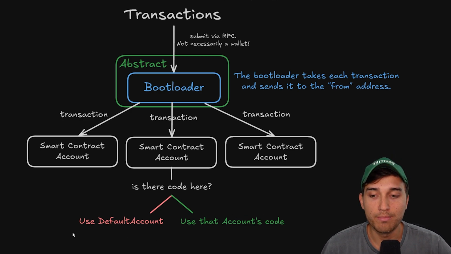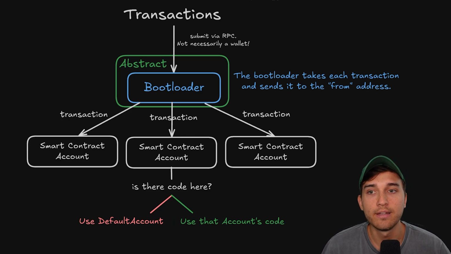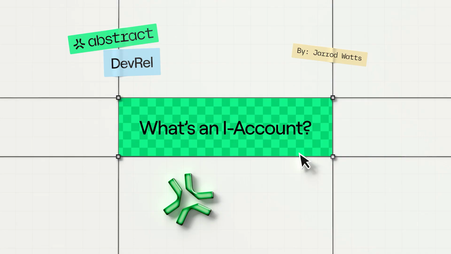One thing I want to mention is the default account and every account on Abstract has to follow a specific standard that is defined in an interface called the IAccount interface. So IAccount defines 5 specific functions that your account, including the default account, must implement, and it's what we're going to inherit and implement in this video.